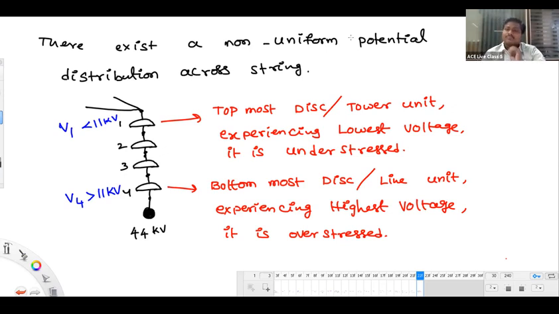Other than that, we have non-uniform stress, or non-uniform potential distribution. The string efficiency also tells you how far the voltage distribution is uniform. These two things are given by the string efficiency. Anyhow, I will write it down, then you will get some clarity about the term.